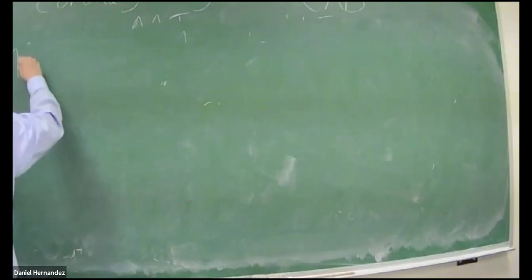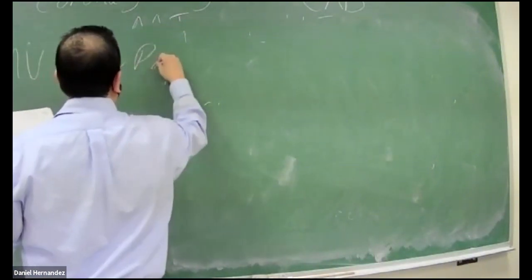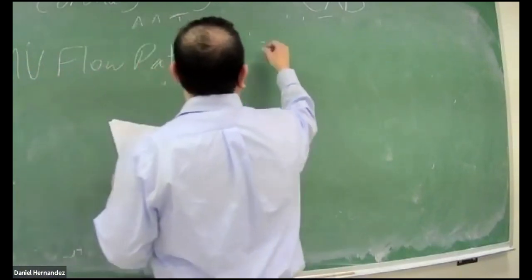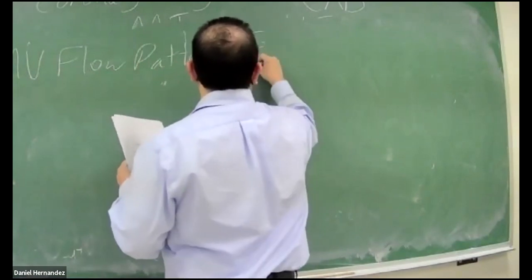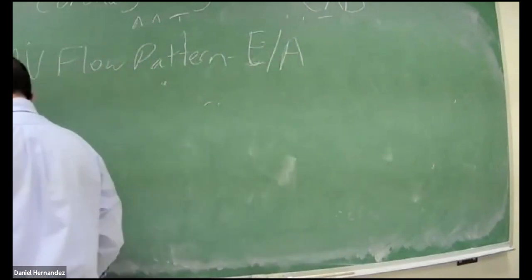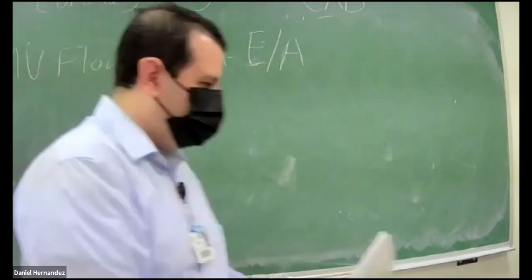So MV flow, it's going to be our E to A ratio. E to A. Just let me get my book.